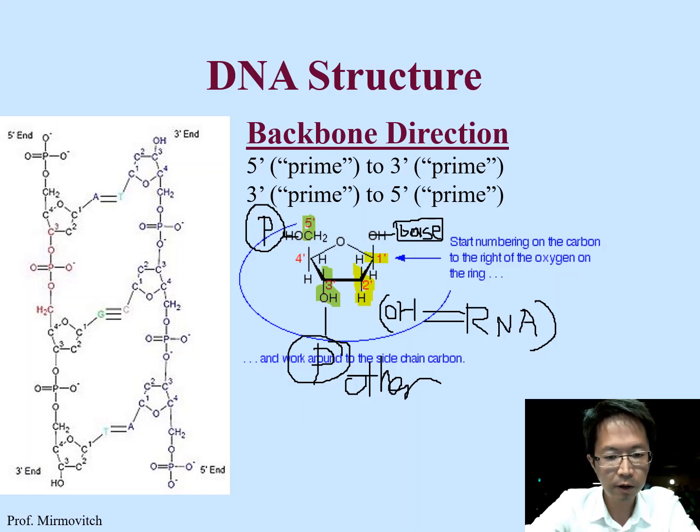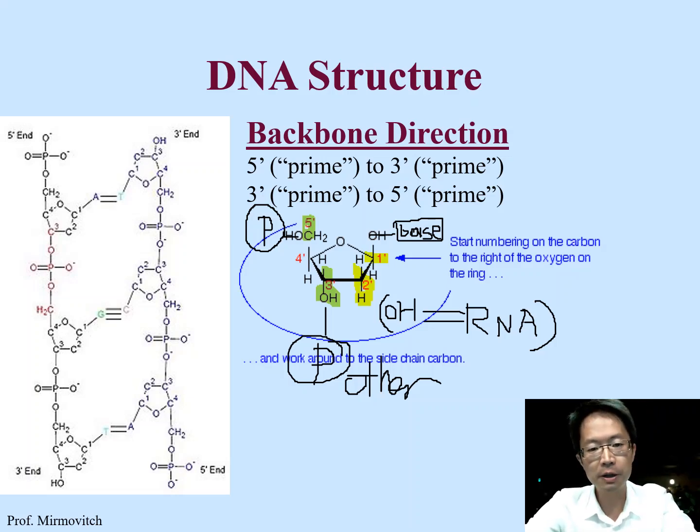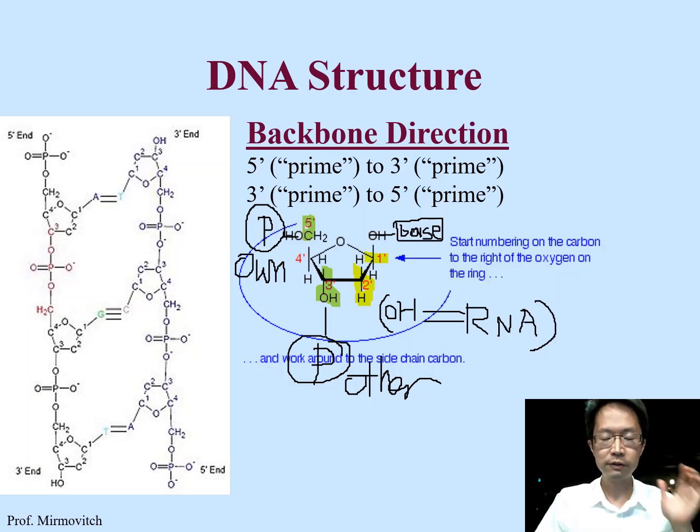And then the 4' carbon, well, nothing. It doesn't do anything. And then the 5' carbon connects to their own phosphate group. So that's the function of different carbons in the pentose.